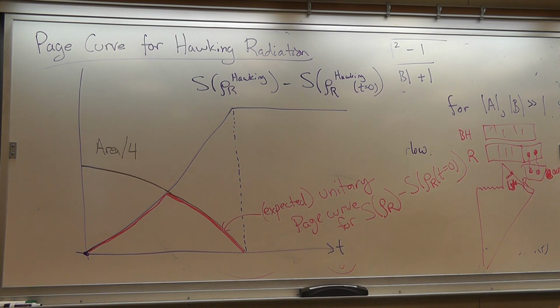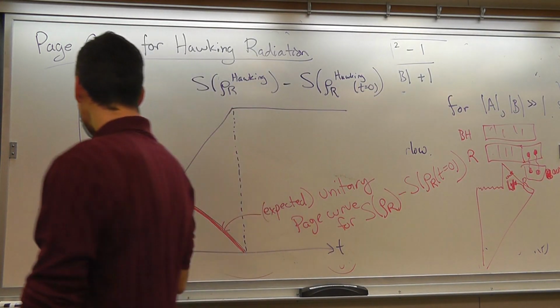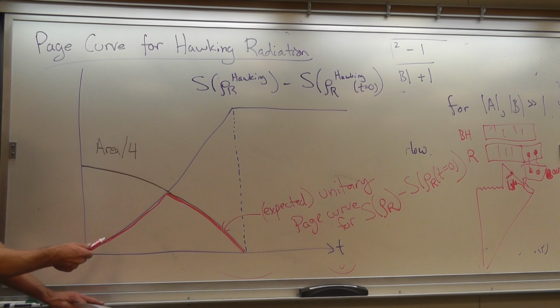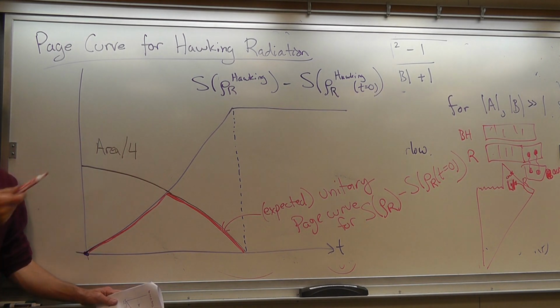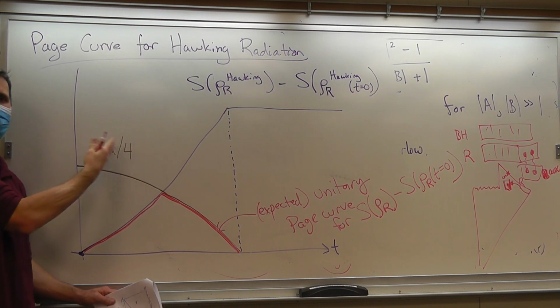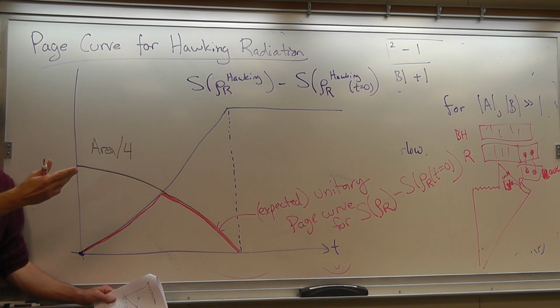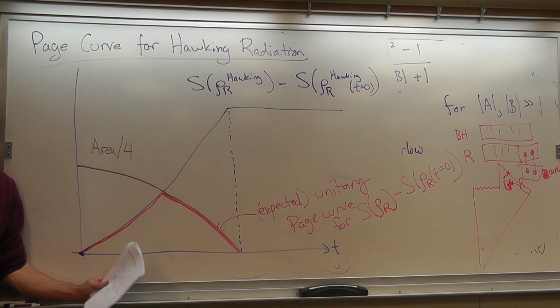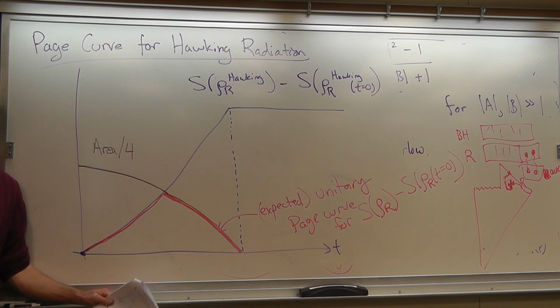And what's basically happening is the Hawking radiation that comes out has to be entangled with the black hole, but the black hole only has so much in it. It only has so many states available to it, and you just can't create an arbitrarily large amount of entanglement by entangling with a finite system.